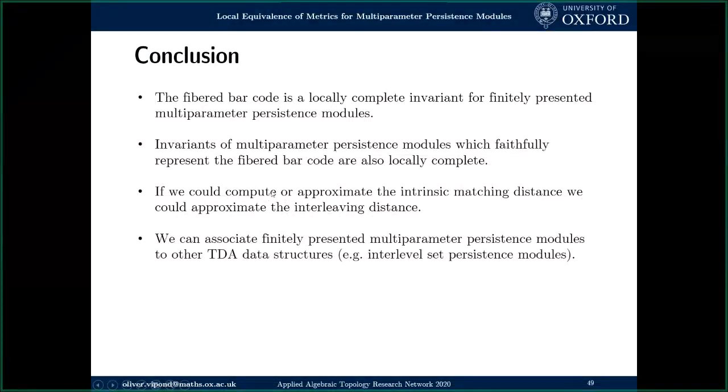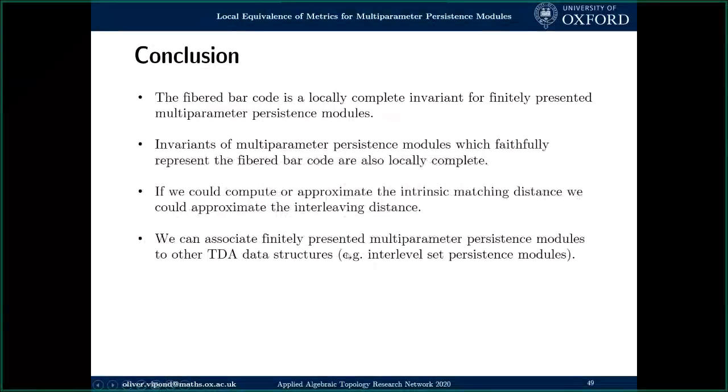And finally, here I just talked about multiparameter persistence modules, but this is actually a very broad category, and you can in fact embed other topological data structures within multiparameter persistence modules. So for example, if you're familiar with interlevel set persistence modules, these naturally embed in two-parameter persistence modules.